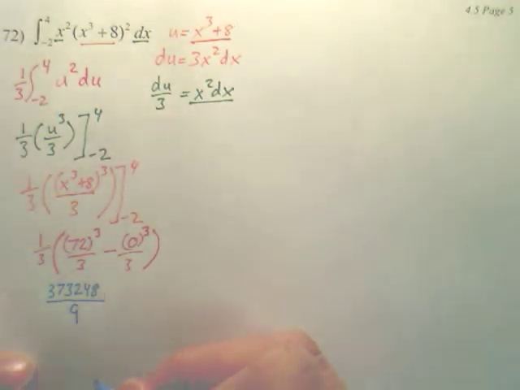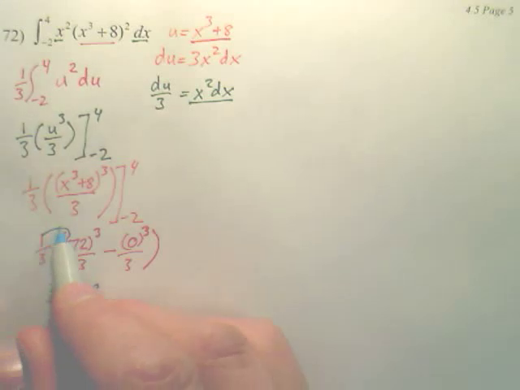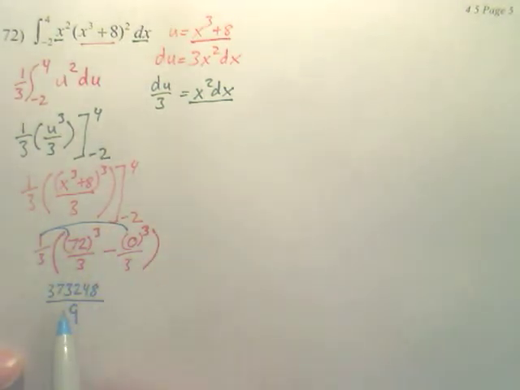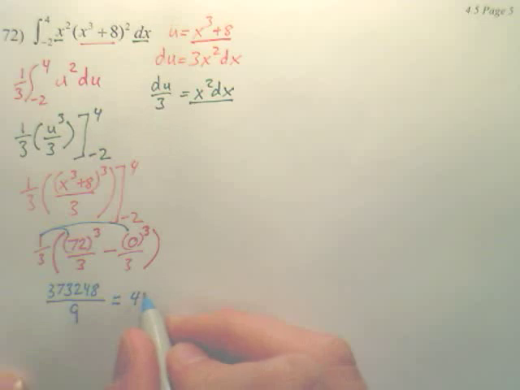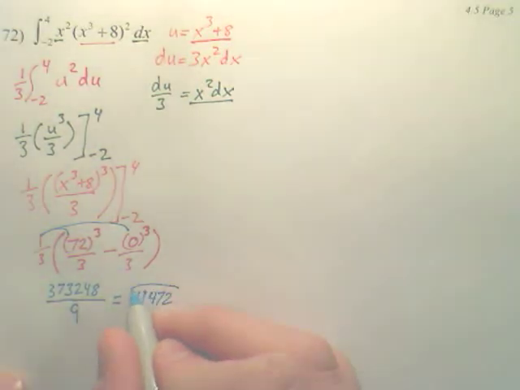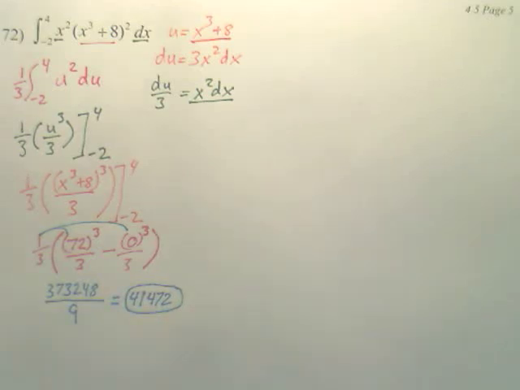And the other one's 0, right? So I distributed a 3 to both. The 1/3, I mean. And then, can you divide that nicely? What's the answer when you divide by 9? 41472. Big number. A lot of area under the curve.